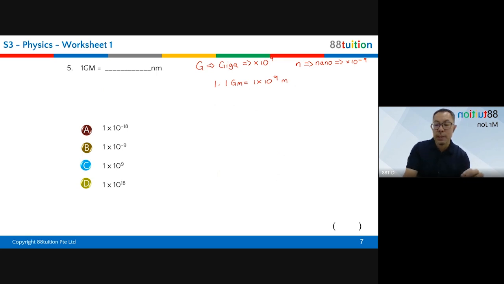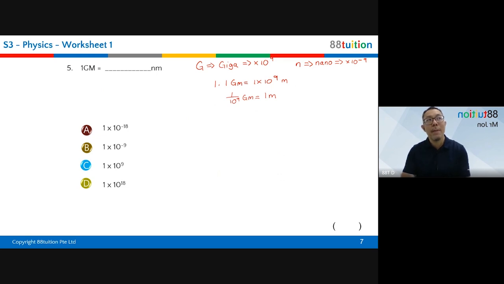Okay, so now I go a bit faster. I make sure I make it in terms of how many gigameter equals to 1 meter. So to get rid of the 10 power 9 here, I have to shift it down, right? Make sense? This is maths, huh?